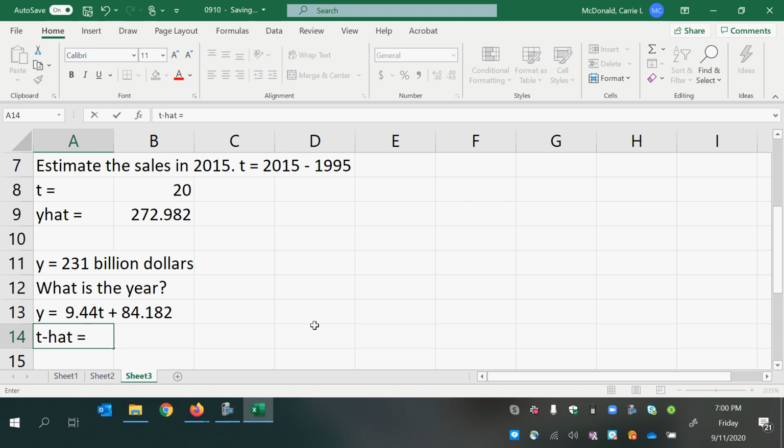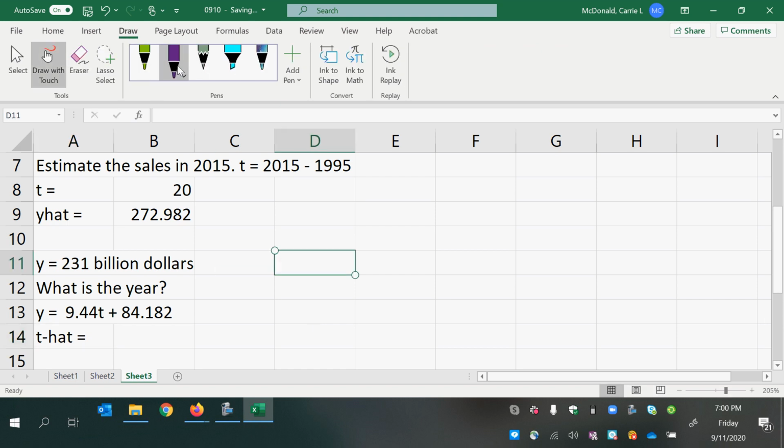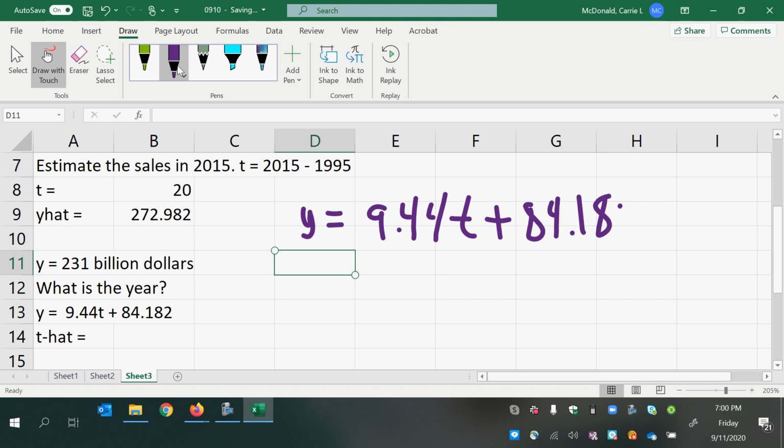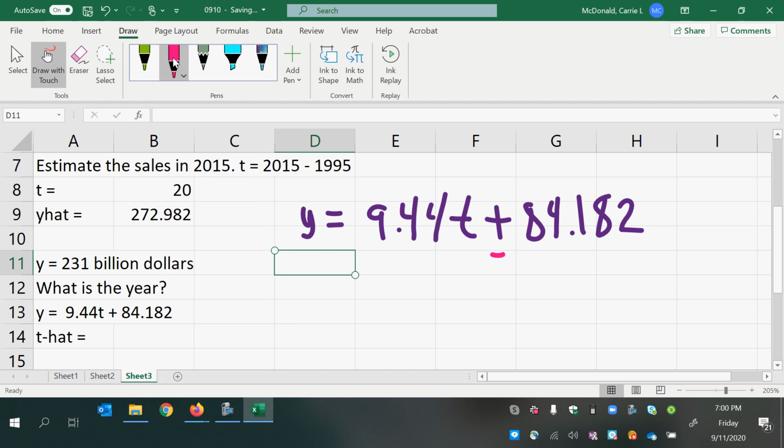Okay, now can you remember solving equations in your algebra class? Let's see if I can draw this out for you a little bit here. Okay, so y equals 9.44t plus 84.182. And to get t alone, I can do inverse operations, undo this addition here, and of course we know that anytime you do something to one side of an equal sign, you have to make sure to also do it to the other side in order to keep everything balanced.